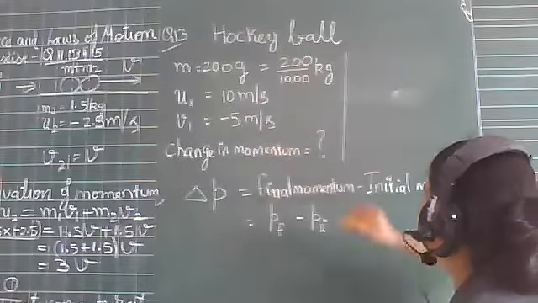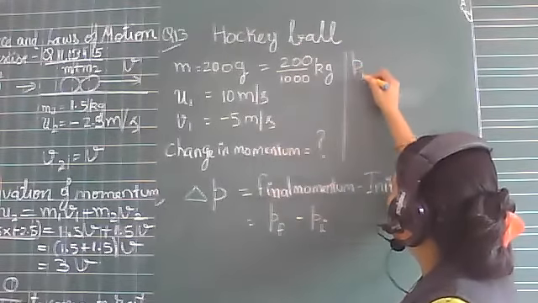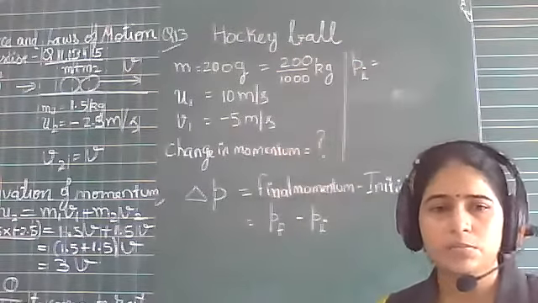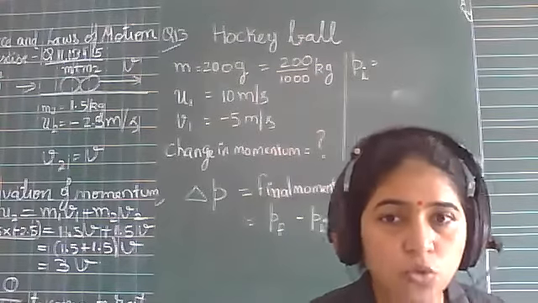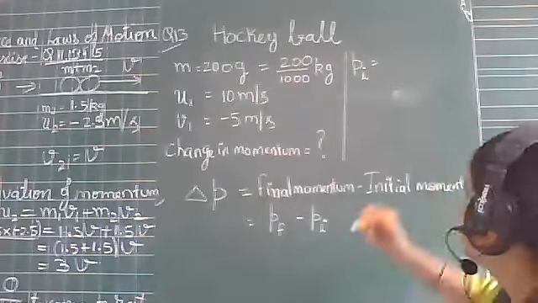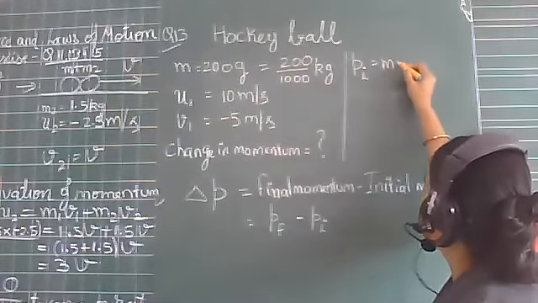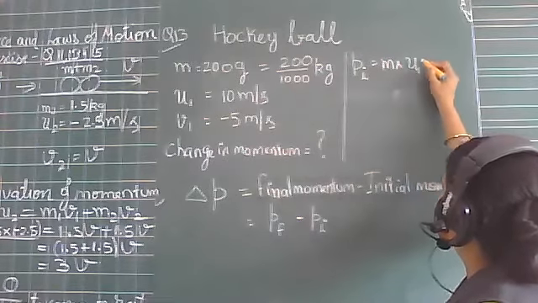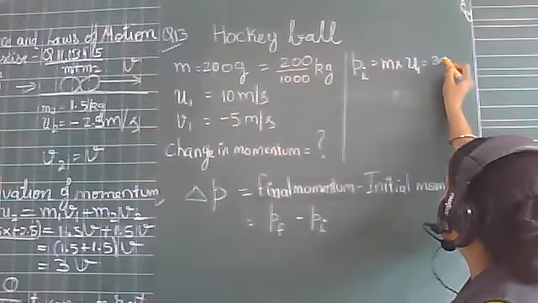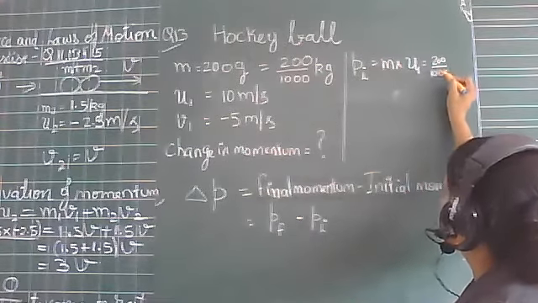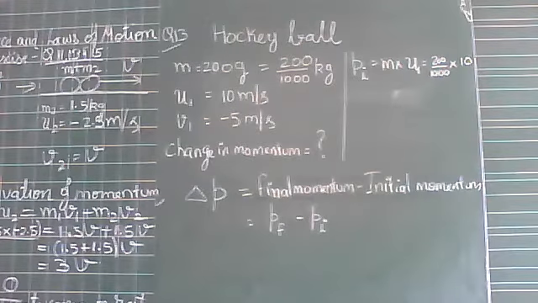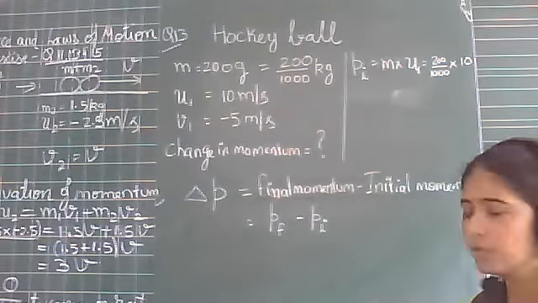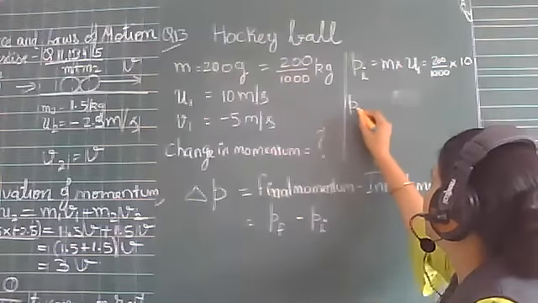So what we are doing is Pf, sorry, first we do Pi. Pi is what? Momentum is mass into velocity. Initial momentum is mass into initial velocity, right? So mass into initial velocity, this we know. So this is 200 upon 1000 into 10. I don't think you are having doubt in this, right? Next is final momentum, Pf.